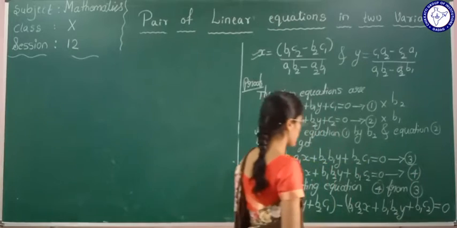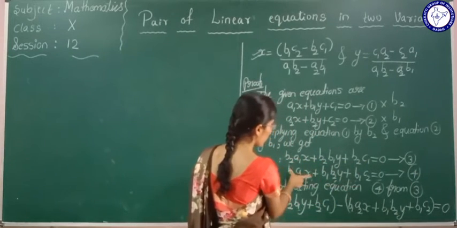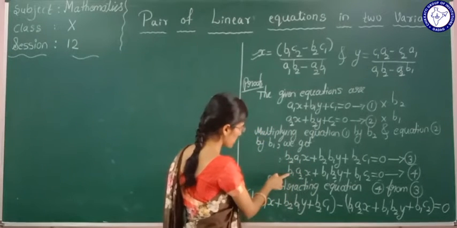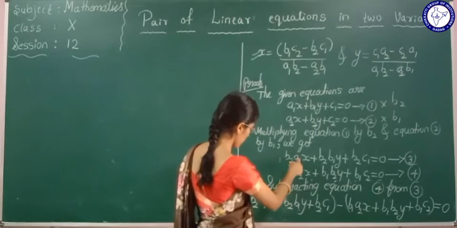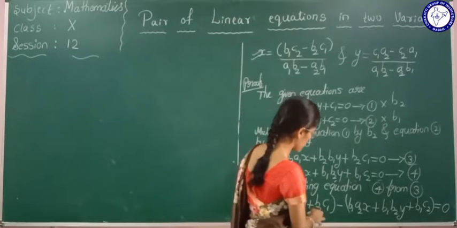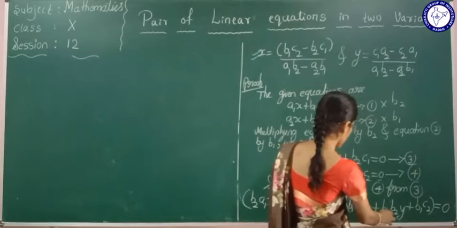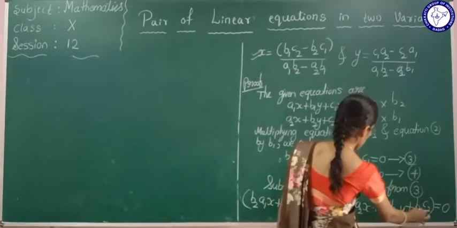Now we will simplify this. We are done subtracting equation 4 from 3. What is that? b2a1x plus b2b1y plus b2c1 minus b1a2x plus b1b2y plus b1c2 is equal to 0.